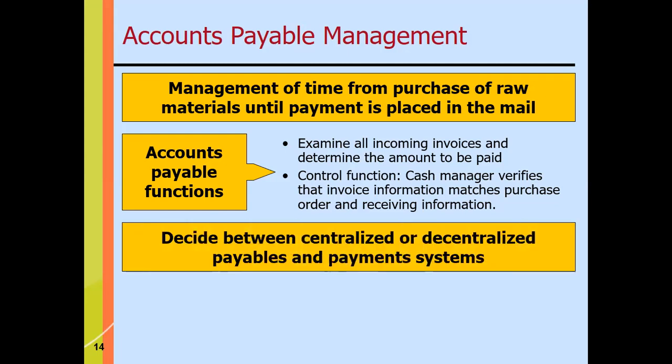Now we have to decide between centralized or decentralized payables and payment systems. If we say centralized, meaning to say for a certain group of companies, there's only one company or one specific department that will be processing all the payables and payments. However, for decentralized, it will depend if, for example, a certain branch or a certain unit of the group of companies would be allowed to process payments.